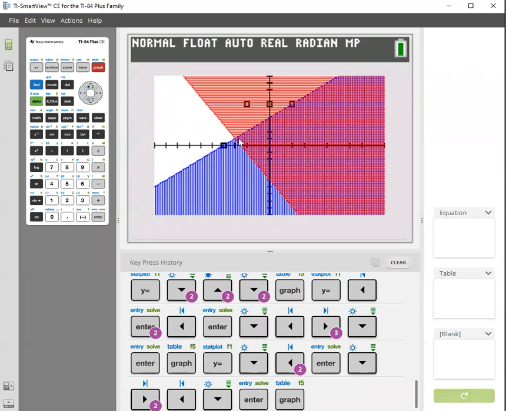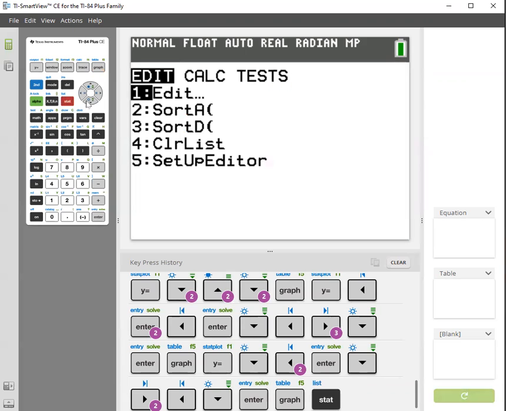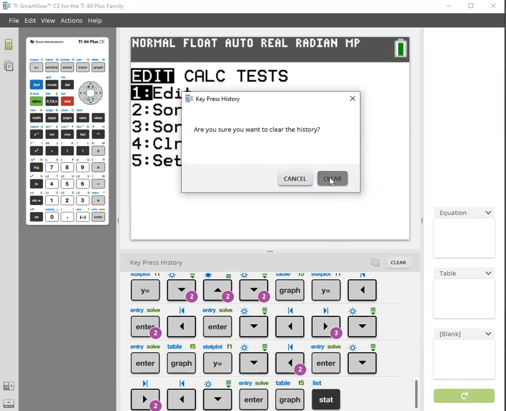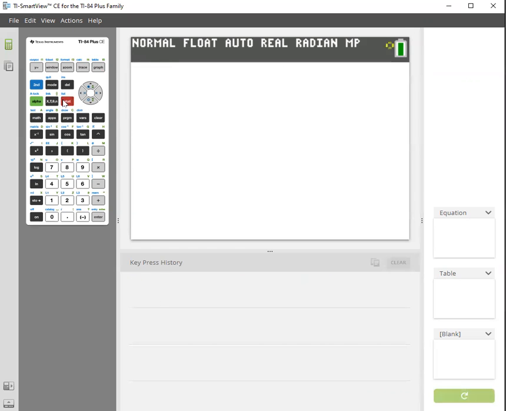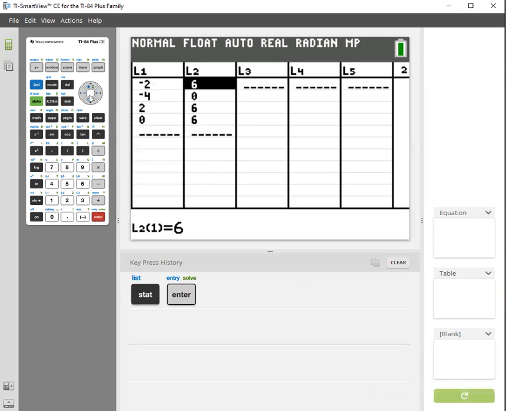Notice these 4 extra squares that are on the map. Well, those are the 4 choices that I enter here by pressing stat. If you click the button stat and then hit enter, it will give you a spreadsheet here. And here I entered the X values for choices A, B, C, and D in the column L1.